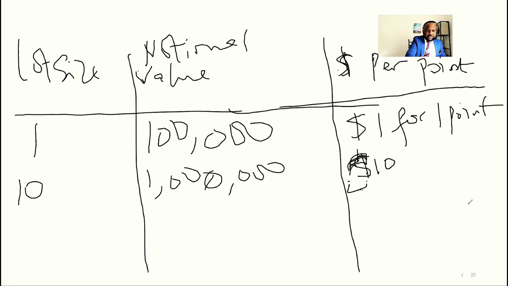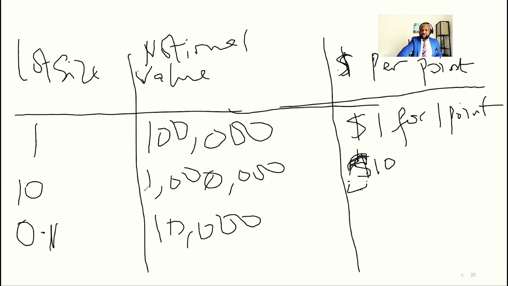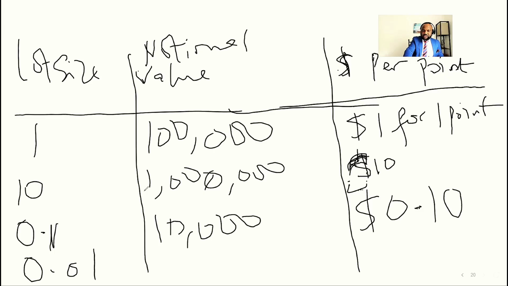So let's go smaller. 0.1 lots means 10,000 notional value, which means you make $0.1 per point. That means 10 cents. Finally, 0.01 lot, which is the least lot size you can ever use on the MT4 platform, means 1,000 of your base currency, and the profit or loss will be equal to $0.01.